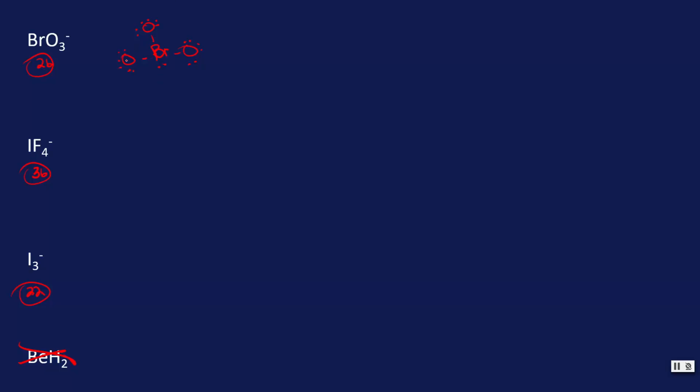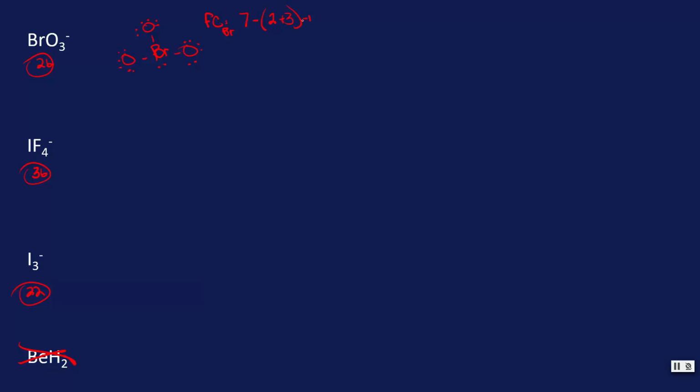Now I take a look at this, and if I do my formal charges, the formal charge on bromine is, well, first of all, let me count. 2, 4, 6, 8, 10, 12, 14, 16, 18, 20, 22, 24, 26. Okay, that has the right number of valence electrons. Doing my formal charge on bromine, I have 7 valence electrons minus 2 that are not bonding and 3 bonds.